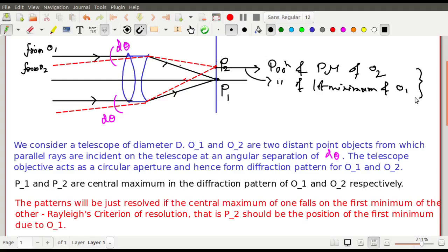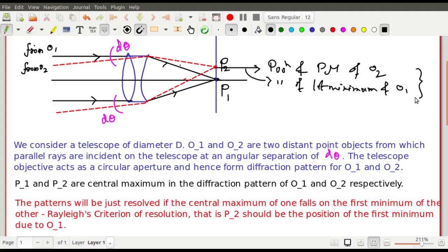I hope you got it. তাহলে P2 টা হচ্ছে position of principal maximum, কার জন্য? For O2. And at the same point there should be the first minimum due to O1. And then the Rayleigh's criterion is satisfied. তখন Rayleigh's criteria satisfied হবে.